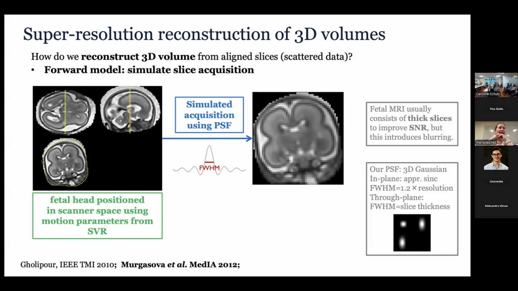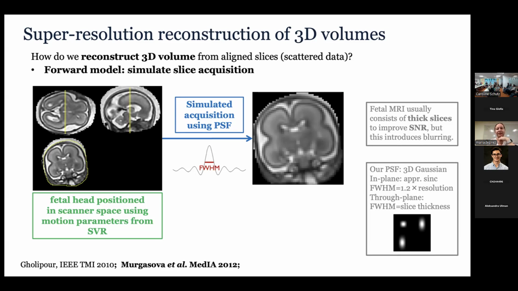So you can't really have isotropic data easily unless you sacrifice in-plane resolution, which is a problem because the structures are very small. So we want to keep in-plane resolution as high as we can, and we sacrifice the thickness of the slice so that we have enough signal with respect to the noise. So as a result, the point spread function will be anisotropic, and we are using a 3D Gaussian.